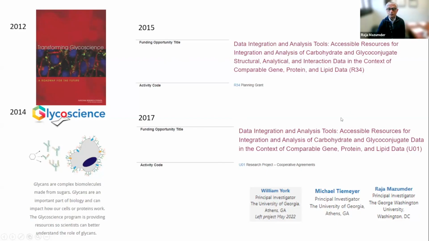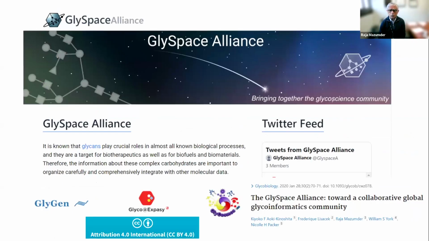After 2017, we are funded through another NIH mechanism, and William, Michael, and I worked. William York has retired right now, but he very much helped start some of the things that you'll be seeing today. And then in 2020, Mike mentioned we got together and started the GlySpace Alliance because there are different resources around the world who are working towards bringing glycoinformatics to the forefront.